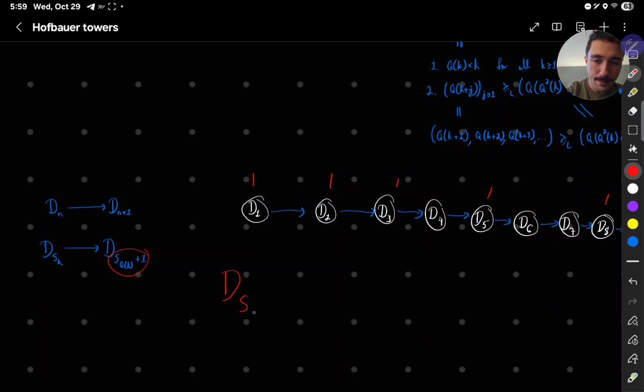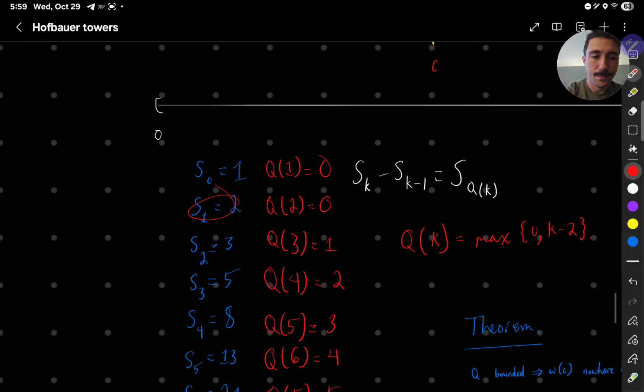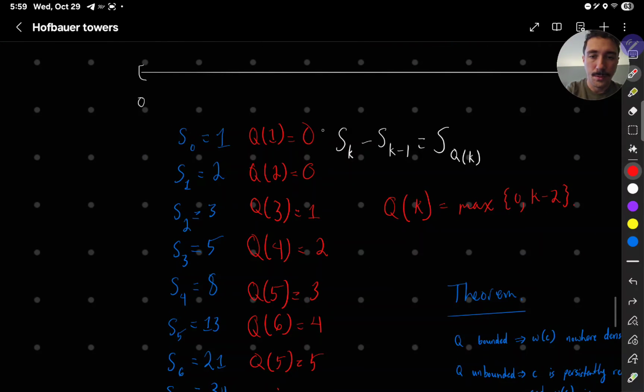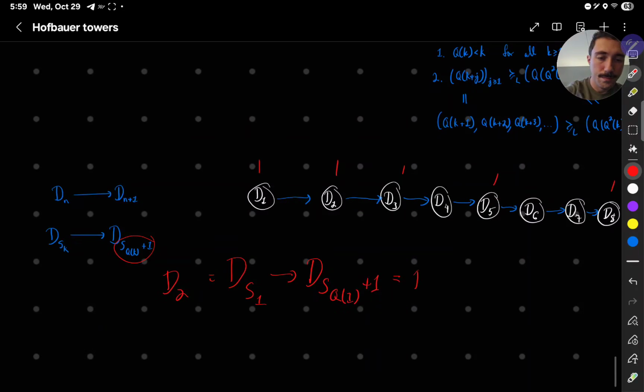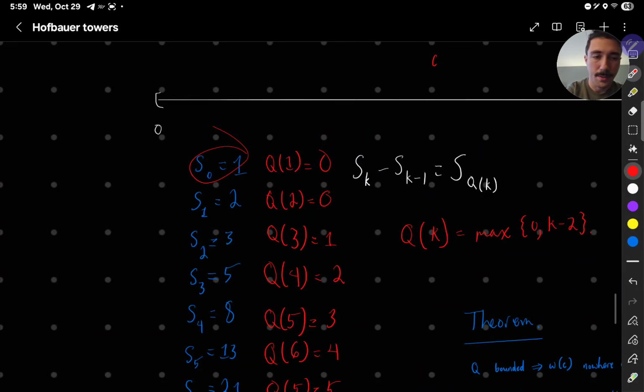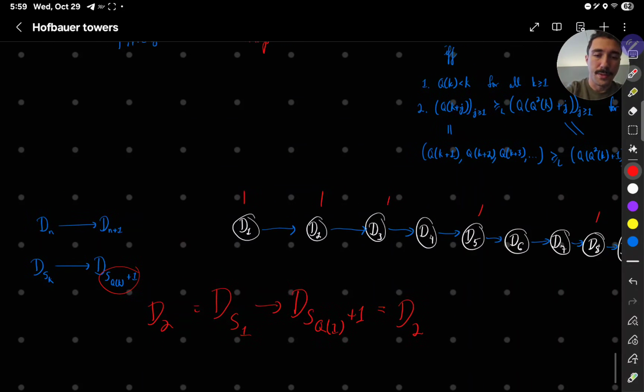Let's just write it out. D_{S1} goes to D_{S_{q1}+1}. But D_{S1} is D2, right? And what's q1? That's 0. And what's S0? Well, that's 1. So that's D2. So D2 should have a self loop.